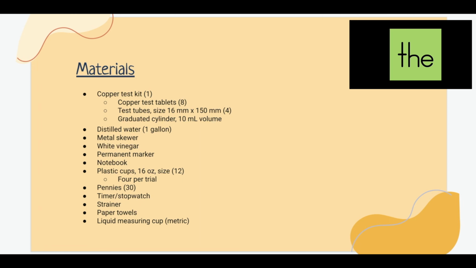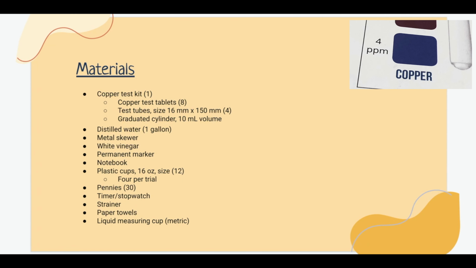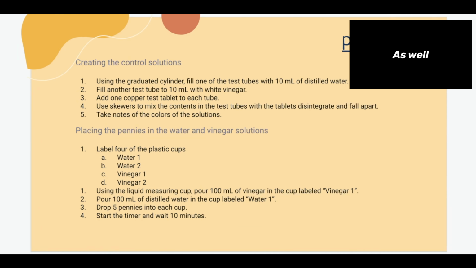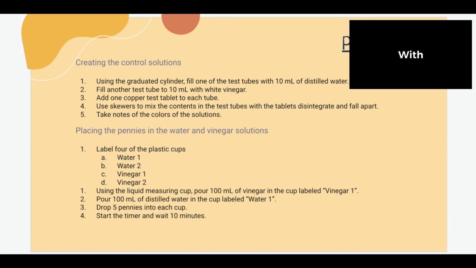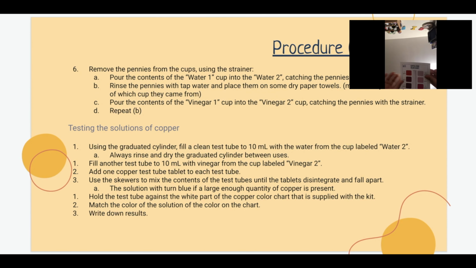In trial 1, the copper water solution ended up with 4 ppm of copper quantity, and the color was blue, as well as the copper vinegar solution. In trial 2, the copper water solution ended up with 0 ppm of copper quantity, which was orange and reddish. So after, it ended up with 0 ppm.